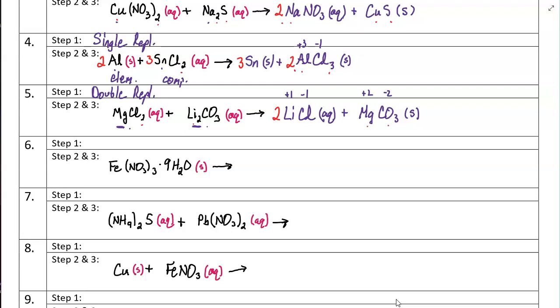Each formula unit of iron 3 nitrate is surrounded by 9 water molecules that have an attraction to the unit of iron nitrate. This substance is solid, so even though it has all these water molecules within the crystal structure, it's still solid because the water molecules are very strongly locked into position. They're not able to flow around like they do with a liquid.